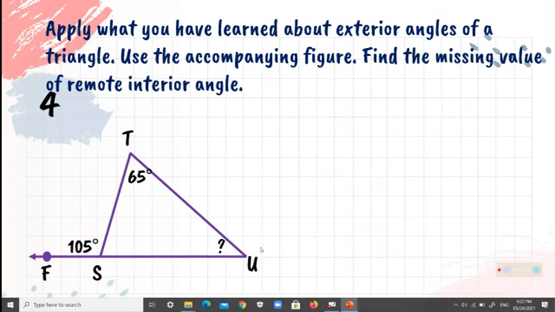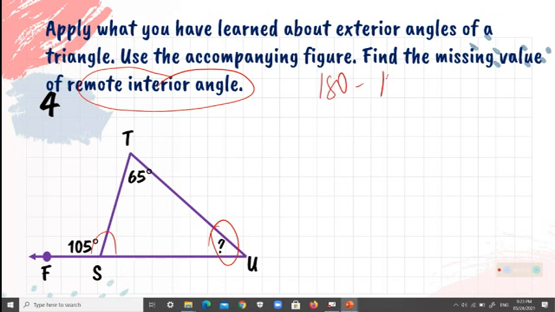Okay, let's have number 4. Find the missing value of the remote interior angle. So we are going to find the missing value of this. Okay, so what are we going to do? Yes. Okay, so since we have here the linear pair, so you will have 180 minus 105. Okay, sorry. So we have here 75. So therefore, this will be 75 degrees.